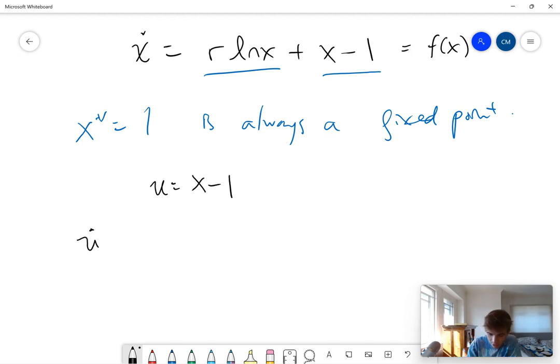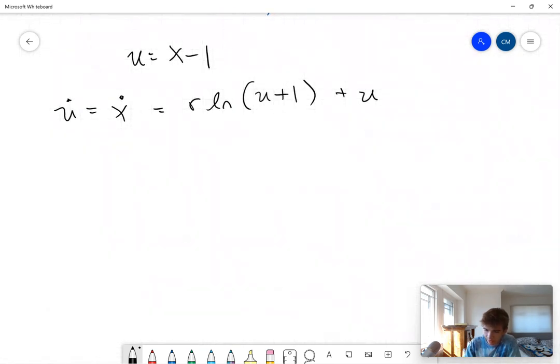So I observe that u dot is equal to x dot in this case, and this is equal to r ln of u plus 1 plus u, okay? And now I'm going to Taylor expand the natural log term about u equals 0, okay?